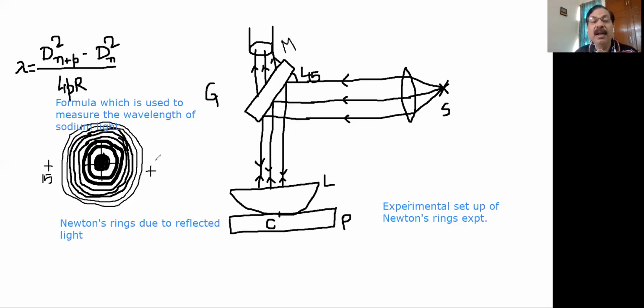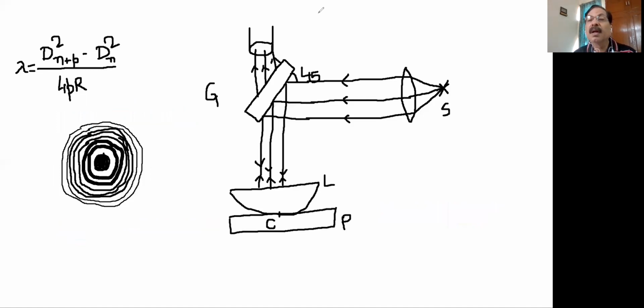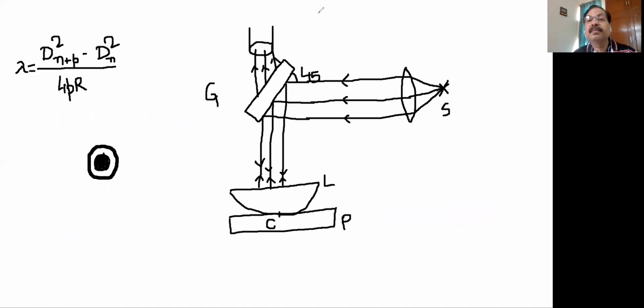Now you will tabulate an observation table. I am going to erase this diagram, and now I will tabulate the observation table.